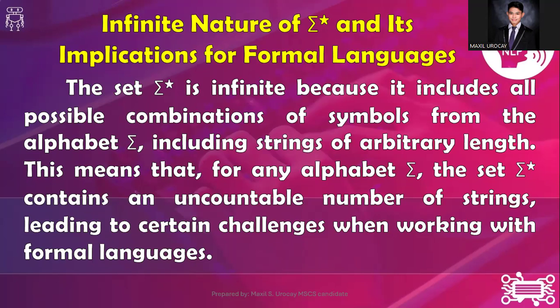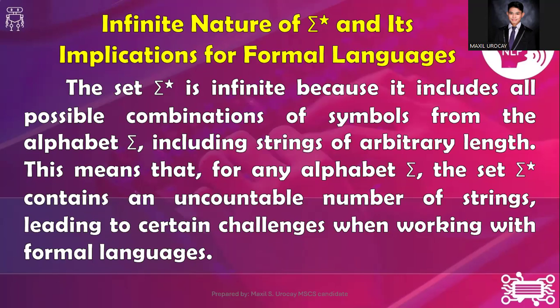This means that for any alphabet, the set contains an infinite number of strings, leading to certain challenges when working with formal languages. So the set is infinite because it includes the possible combinations of zero or more a or b. This introduces challenges such as managing and processing unbounded numbers of possible strings.